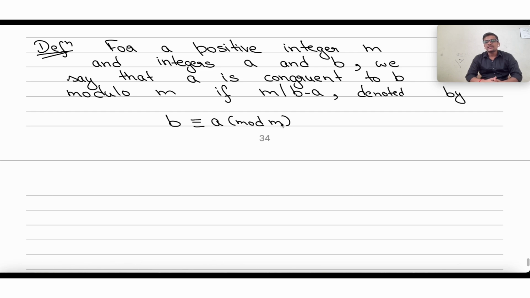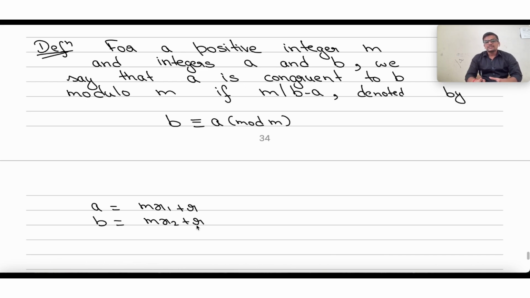So it is denoted by this. Now see, if you remember the previous activity, then what I am saying is that if two numbers are from the same group, then they will be congruent modulo m. Suppose a and b are elements from the same group. So a can be written as mx1 plus r, and b can also be written as mx2 plus r, right?